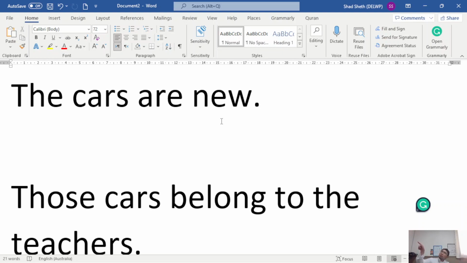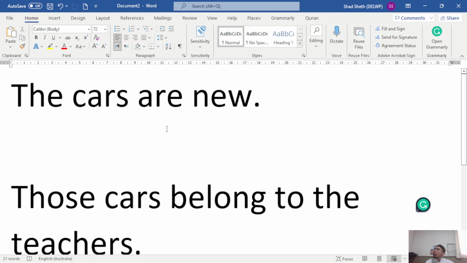So where's the mubtada and khabar there? Cars is the mubtada, new is the khabar. Now do the sentence, making sure the rules apply. As-sayyaratu jadidatun, because jadidatun is the singular feminine of jadidun. Make sense?